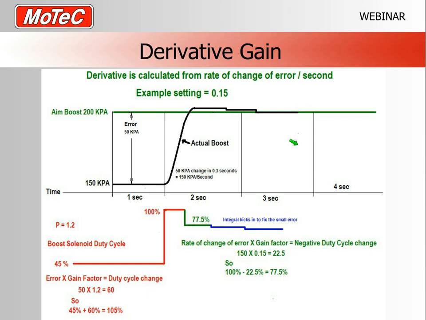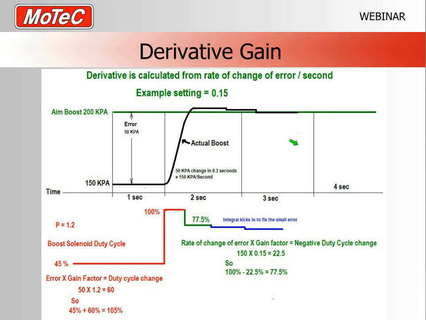So we get a big change to get the boost moving, and then as that keeps accelerating really quickly, the computer knows that it's accelerating quickly, is calculating the rate of change quickly, and backs off the duty, just like you'd close the tap or put the brakes on your car if you're approaching a stop sign too quickly.